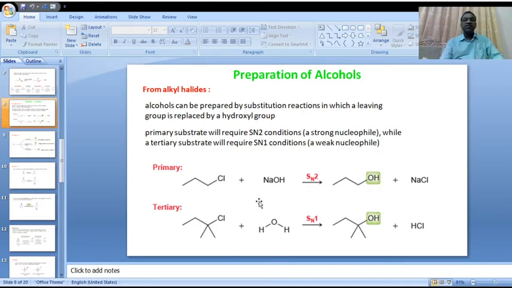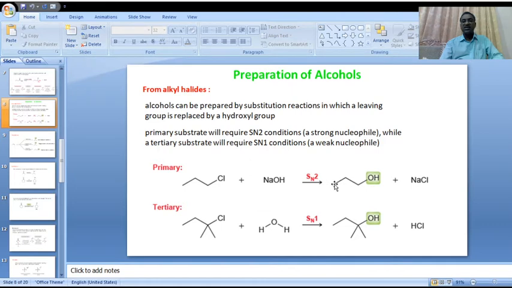Alcohols can be prepared by substitution reactions in which a leaving group is replaced by a hydroxyl group. Here, the hydroxyl group from the strong base sodium hydroxide replaced this Cl minus ion.